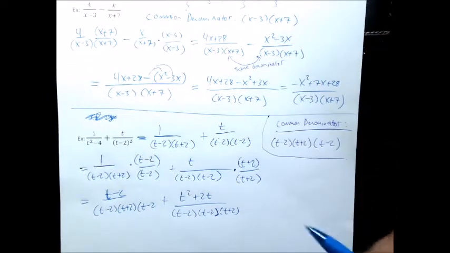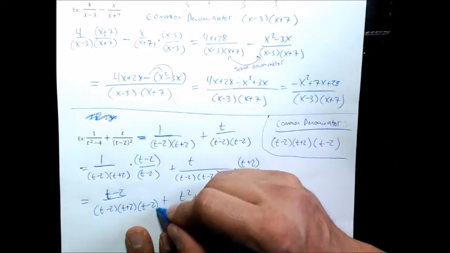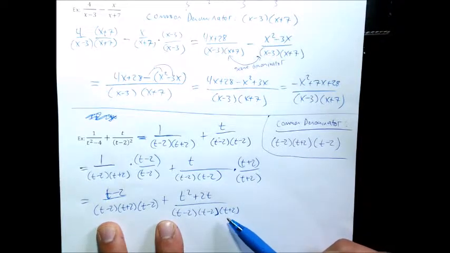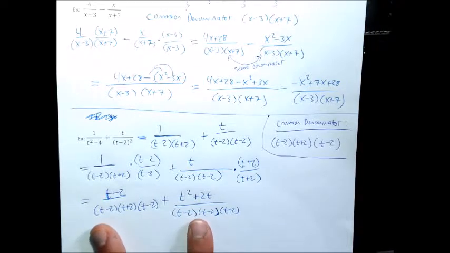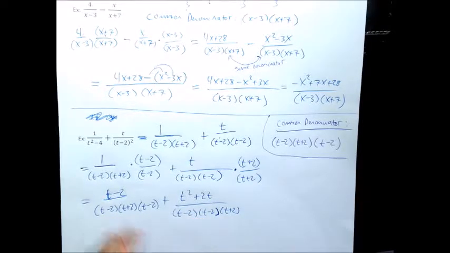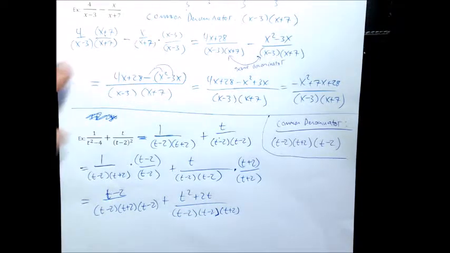Whoops, I forgot my parentheses there. Now they have the same denominator, and we can add them straight across the top. You keep the denominators the same, and you add across the top. Any questions?